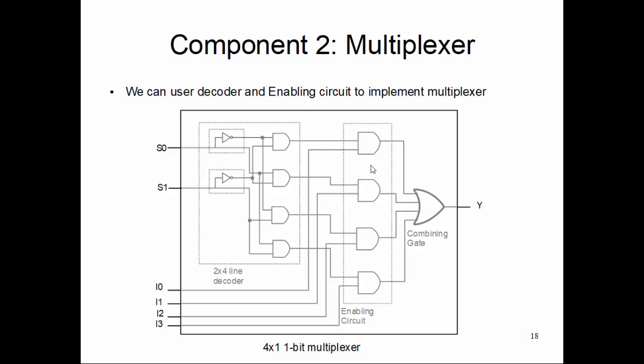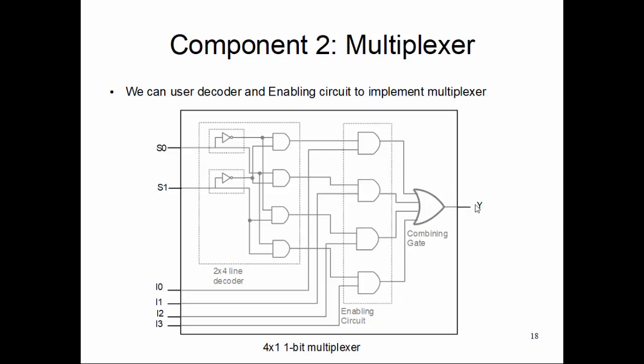But here it is a little different. Instead of one single E driving all four AND gates of the enabling circuit, we'll be connecting I0, I1, I2 and I3 respectively to those four AND gates. The outputs of those four AND gates are combined through an OR gate, and that's my output from the multiplexer.